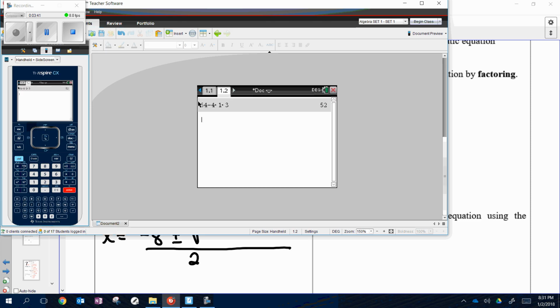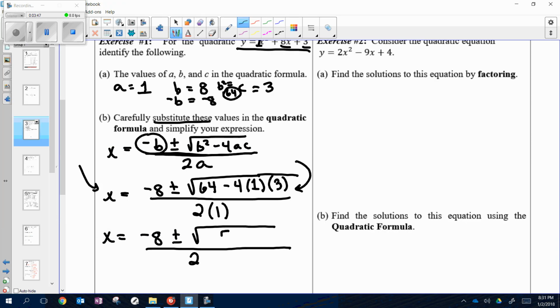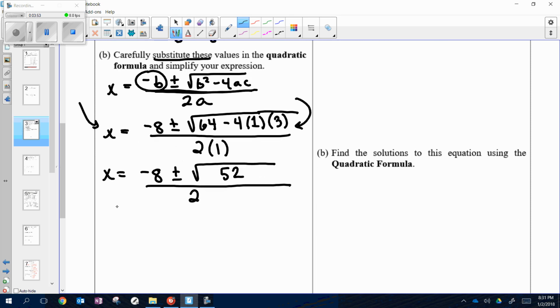Enter. 52. 64 minus 4 times 1 times 3 is 52. I think it's right. All right, so now I have x equals negative 8 plus or minus the square root of 52, all over 2.